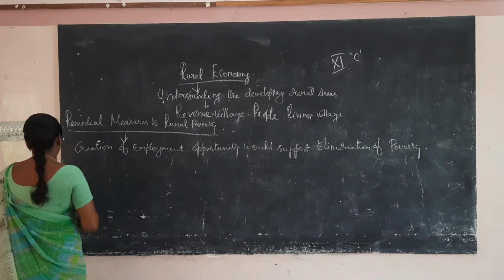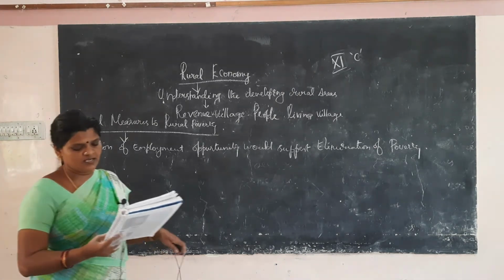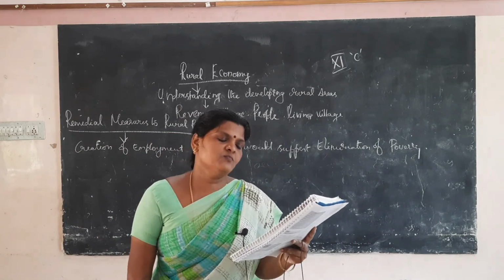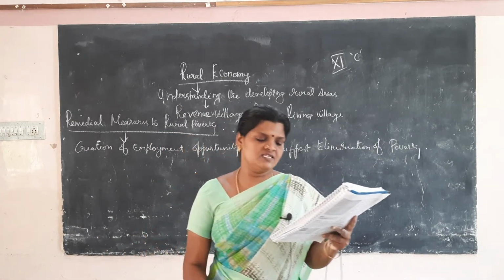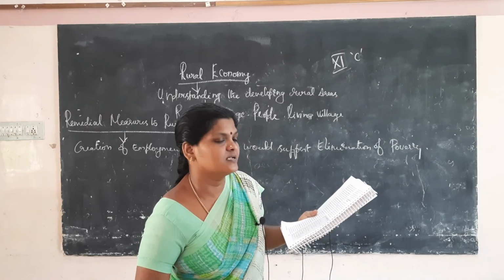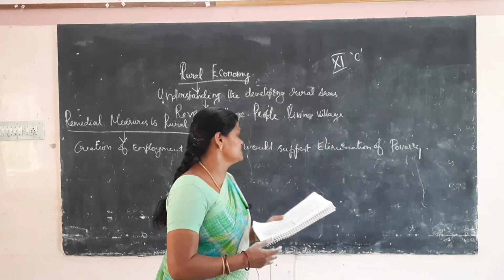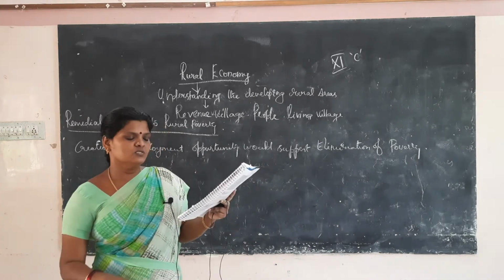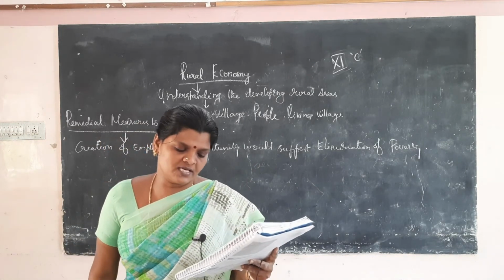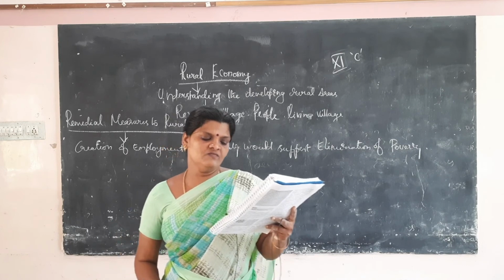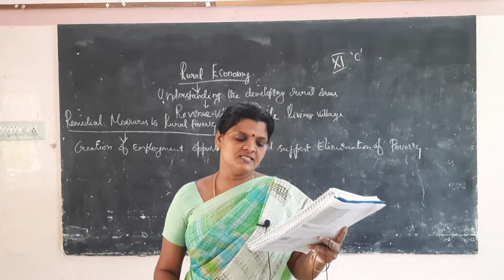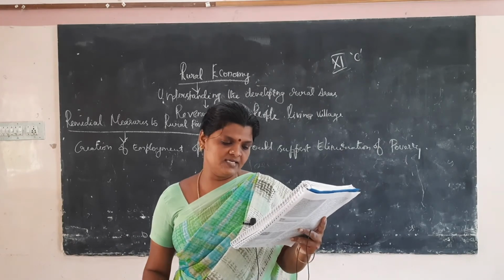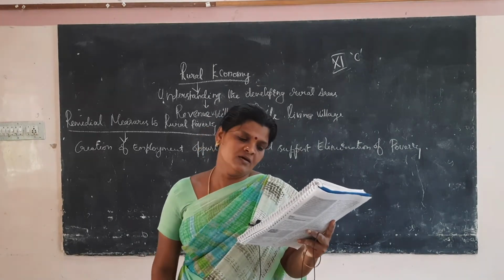Next, the poverty eradication schemes: first one, 20-point program in 1975, then Integrated Rural Development in 1978, then Training Rural Youths for Self Employment in 1979, then Food for Work Program in 1977, then National Rural Employment in 1980.